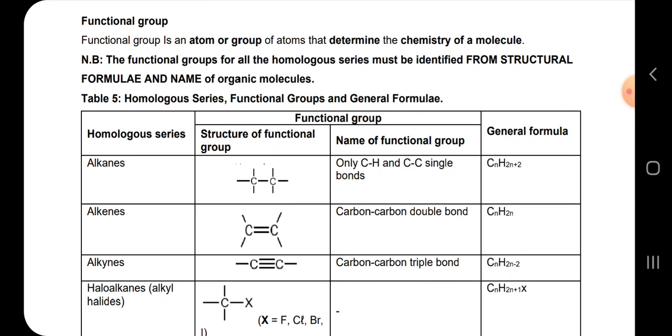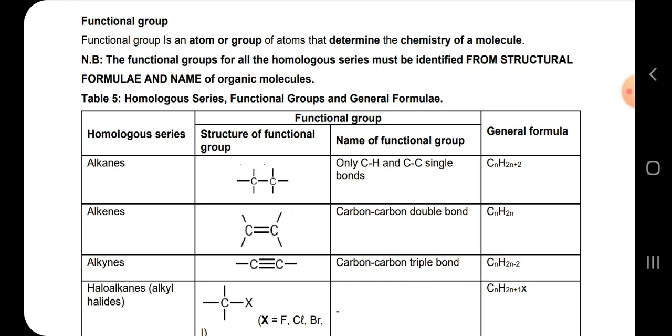We are just going to do a little bit of it here just to show you what is what, but that video in my description box is very important. Please watch it. A functional group is an atom or group of atoms that determines the chemistry of a molecule. So the functional group for all homologous series must be identified from the structural formula and name of organic molecules.